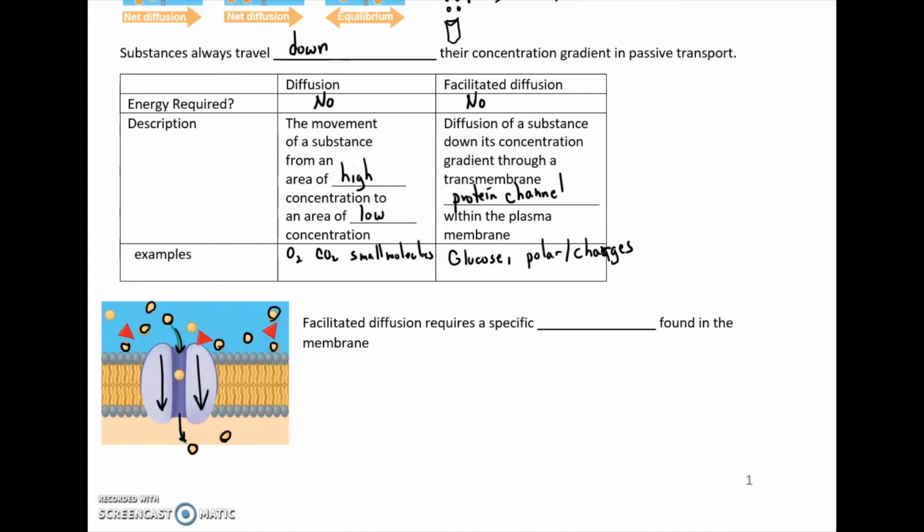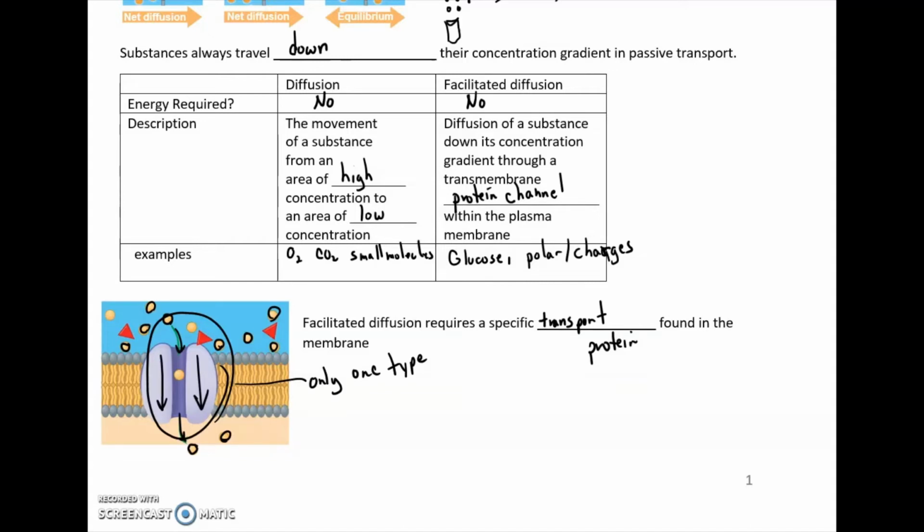Now, facilitated diffusion requires a specific transport protein. So this protein that's here is going to be for only one molecule, only one type.